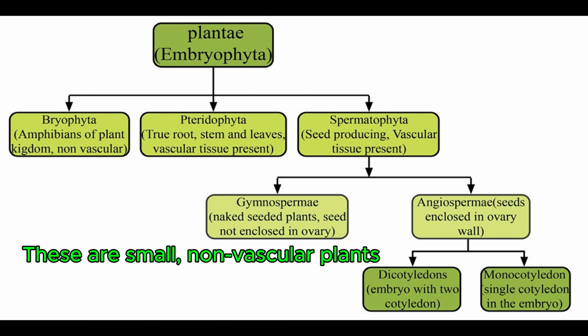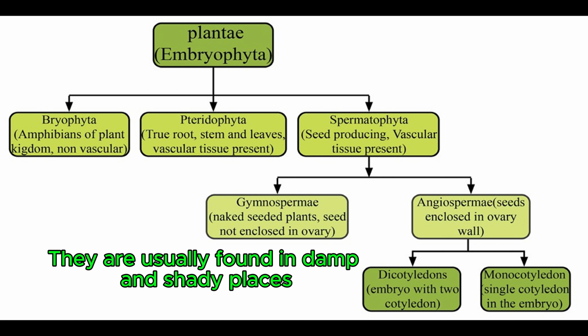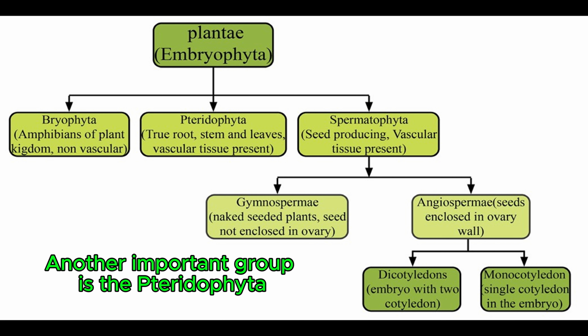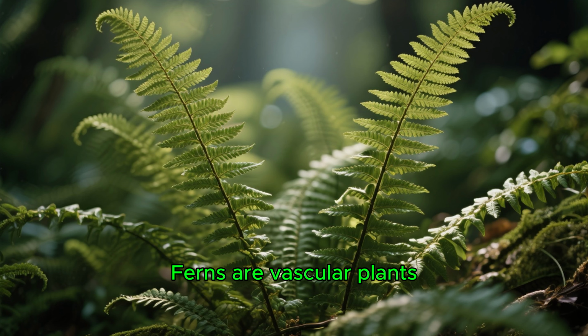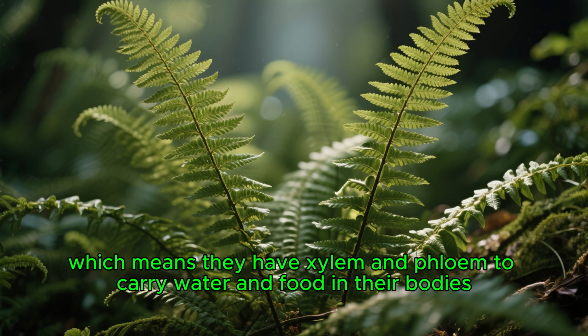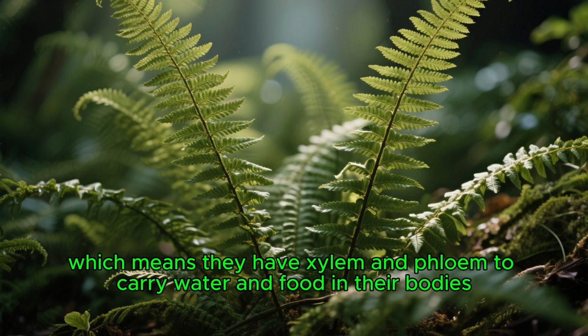These are small, non-vascular plants. This means they do not have special tissues to carry water and food. They are usually found in damp and shady places. Another important group is the pteridophyta. These are also called ferns. Ferns are vascular plants, which means they have xylem and phloem to carry water and food in their bodies.